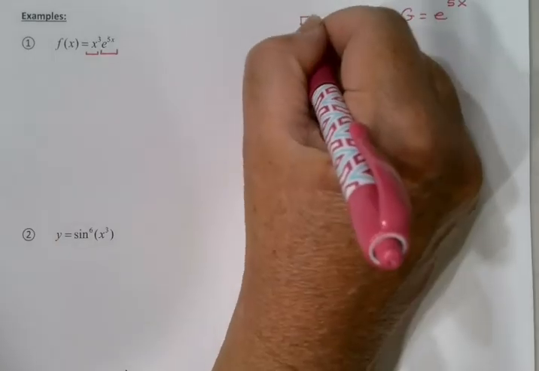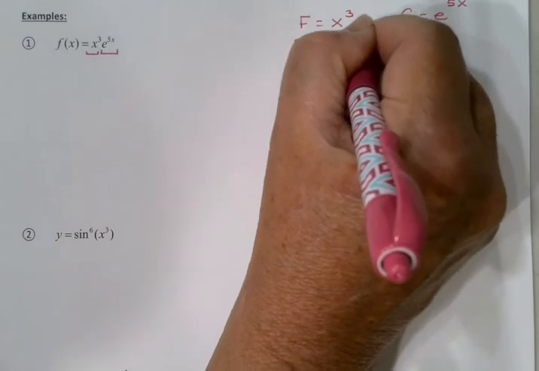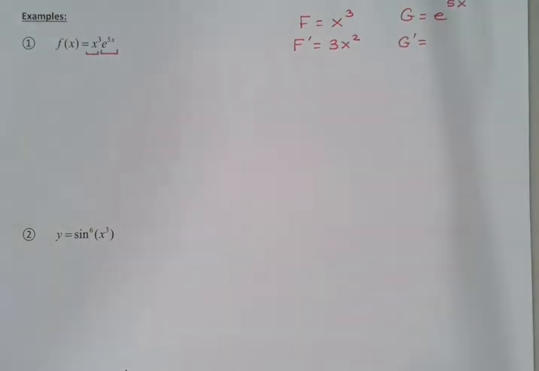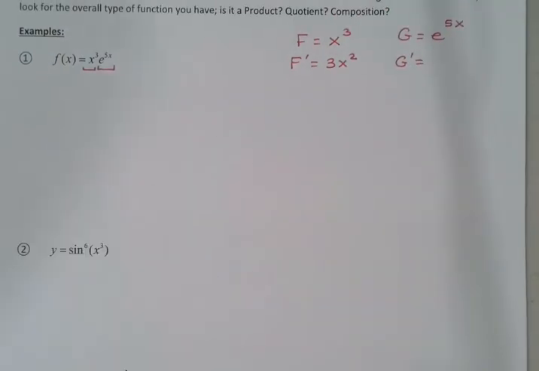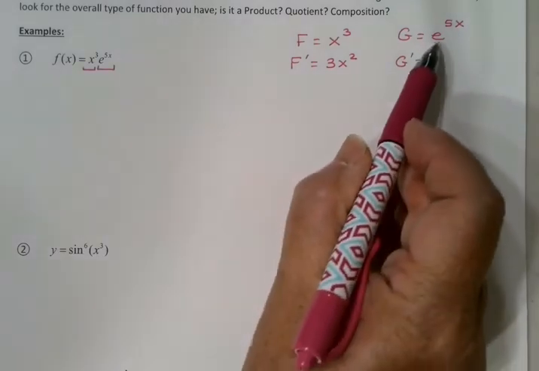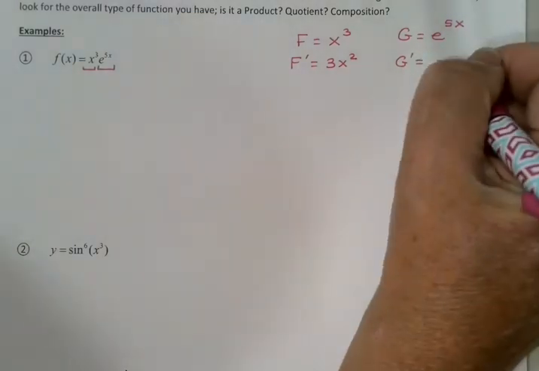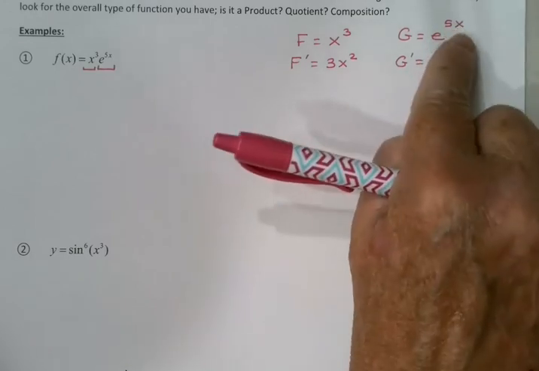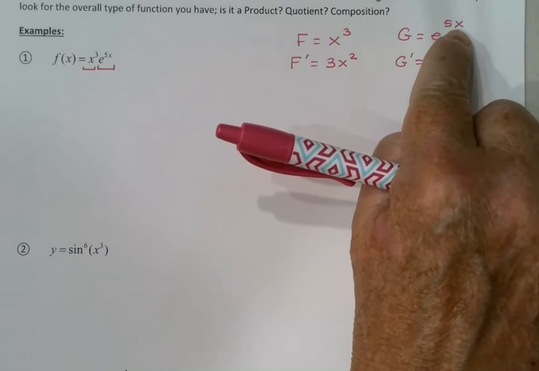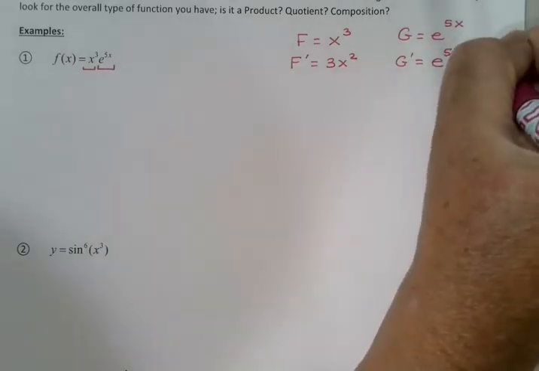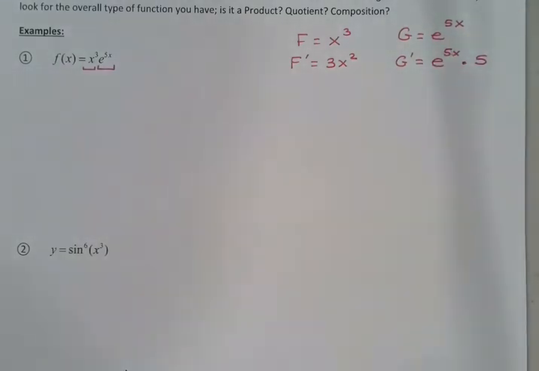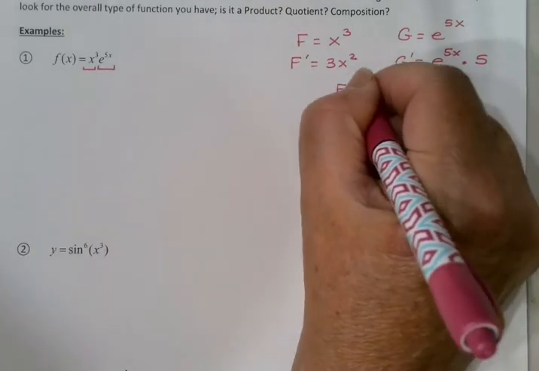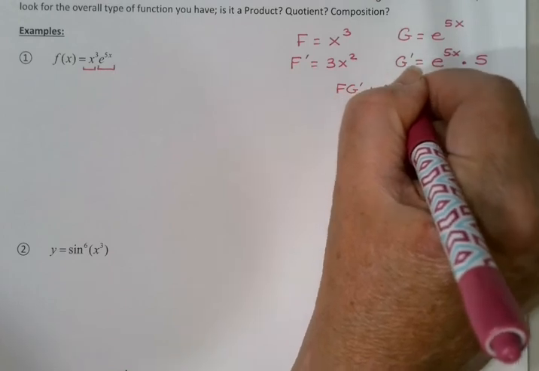So f prime, 3x squared, and now g prime. Notice we're going to have a little chain rule here. The derivative of the outer function is still e to the 5x, but I've got this inner function, 5x, so I have to multiply by the derivative of that, which is 5. And then overall, I'm going to do my product rule, fg prime plus gf prime.